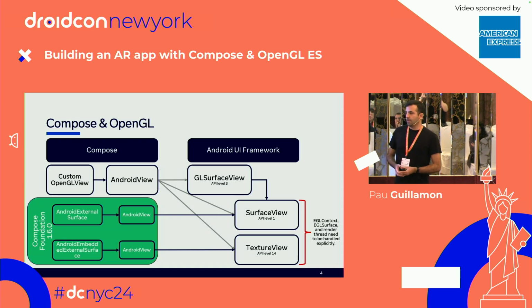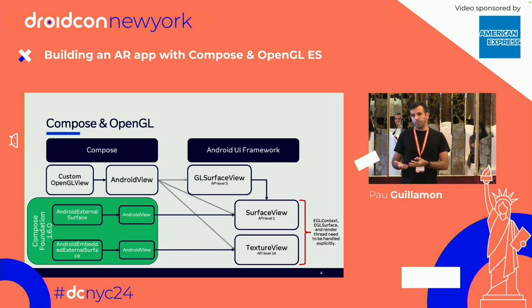With the surface view, which was available since the very beginning, the way it works is that the system creates a hole in the view hierarchy, and the OpenGL content is placed either behind or in front. That didn't solve some of the use cases, and that's why they introduced the texture view in API level 14. Some of these use cases were wanting to place OpenGL content in between other view elements.